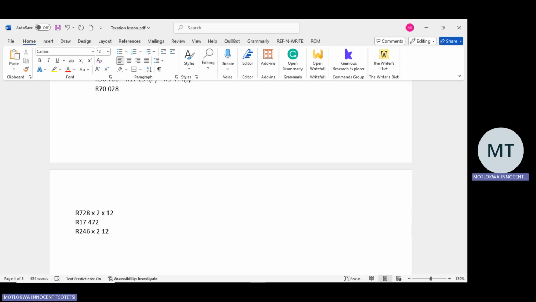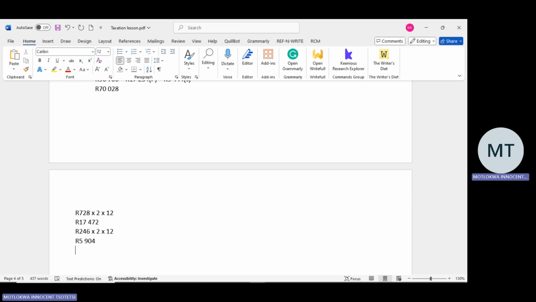And we're going to multiply by 12 as well because we need annual, not monthly. Okay, so we have 5,904 for the children, Helen and Ellen.